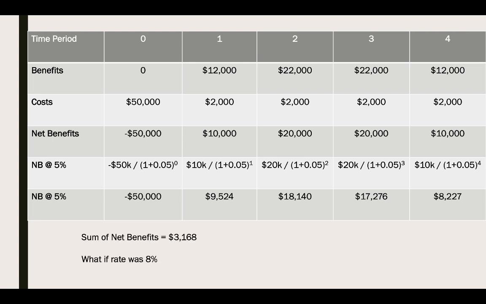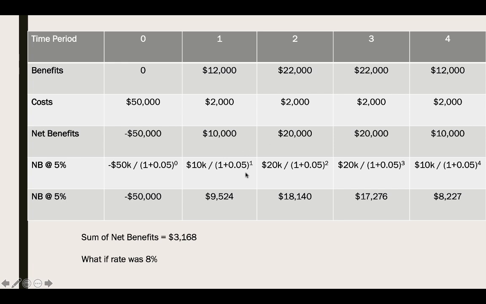And what we see is after year 4, sum of net benefits a little over $3,000. So we're in the black. This program will probably be approved because it's not losing money, even though we have discounted and taken into account the future value of all this money.